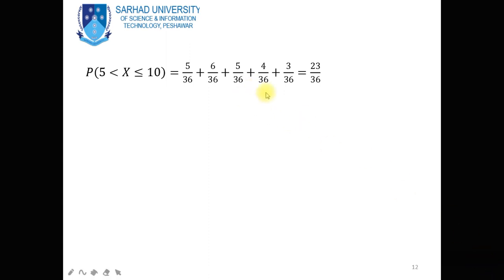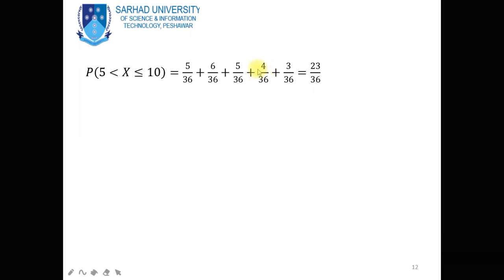So for x equal to 8, we have 5 outcomes: 3, 5, 5, 3, 6, 2, 2, 6 and 4, 4. So we have 5 outcomes. So this is the probability for x equal to 6, for x equal to 7, for x equal to 8.